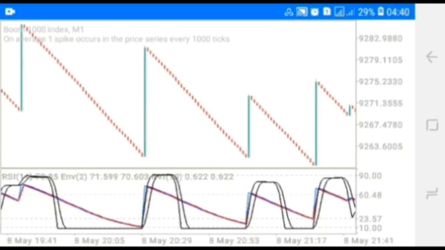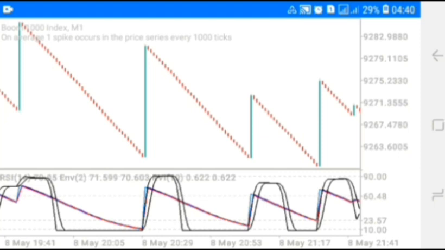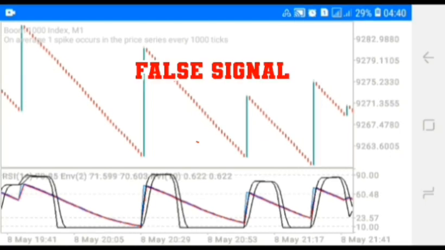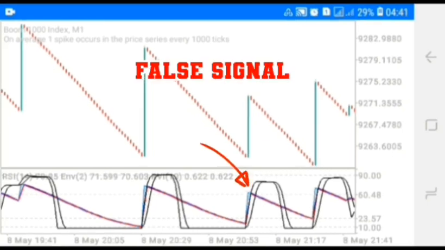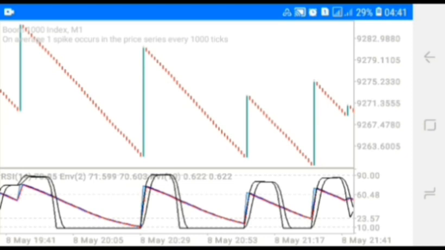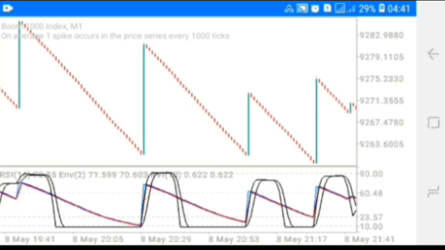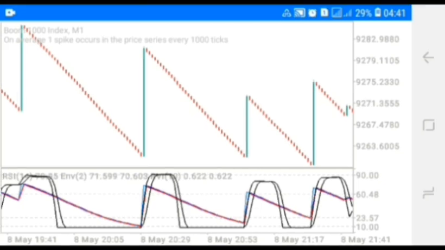As you could see, another one over here just spiked from the 23.5 level. As we saw at the previous signal, this one over here is a false signal. Why are we calling it a false signal? It is because it came back to the 23.57 level and spiked above the 60.48 level, but remember, whenever it spikes above the 60.48 level, it must go above with the blue.